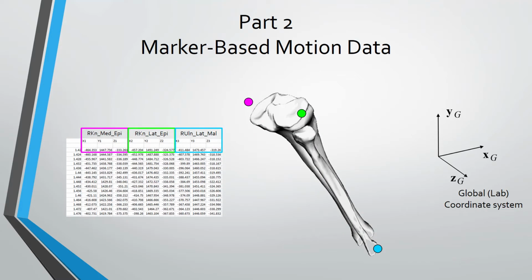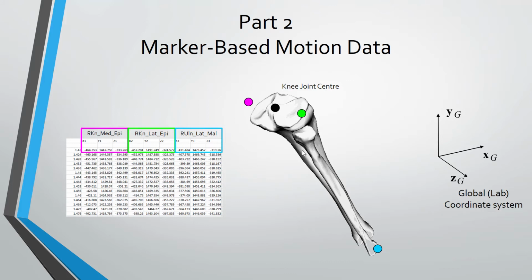Using our marker data, we can now begin to calculate joint centers. For example, here we have a knee joint center, which is simply the midpoint of the knee medial epicondyle and the lateral epicondyle. Joint centers can be calculated in any number of ways, including regression equations, which might take into account participant-specific variables such as height, mass, gender, or simple midpoints such as this.